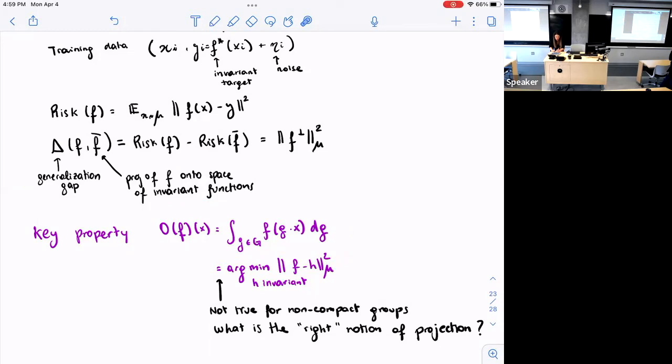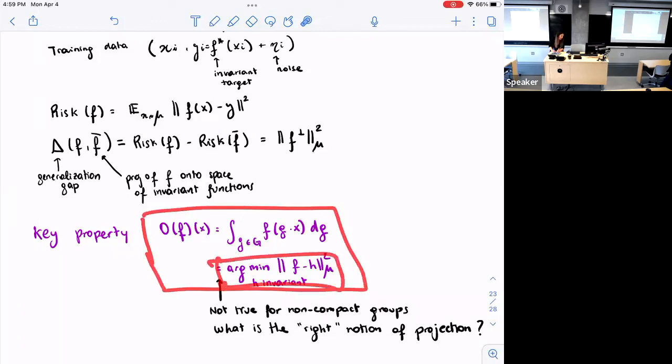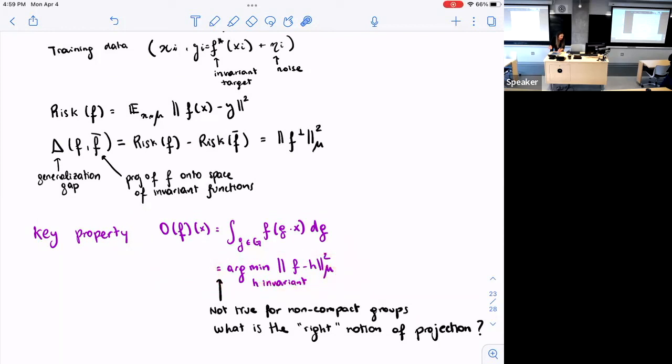But the issue is that this projection does not match this other projection. They only match if your data is supported in the complex space, not in the real space. So that is a limitation that I found that non-compact groups may have. Okay, I don't know if I answered your question, but that's everything that I have to say.